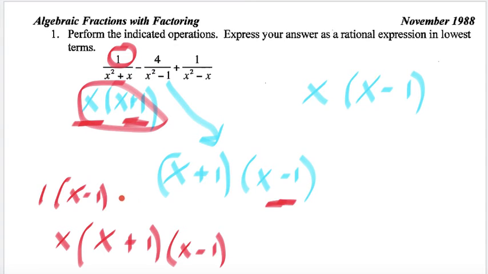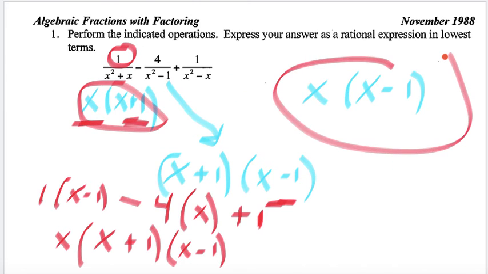Then I have a minus sign. 4 times, now what is this missing? This was x plus 1 times x minus 1. It's missing the x. So I have to multiply the 4 by the x. Then I have the plus sign and a 1. Now what is that missing? That was this thing here, which is missing the x plus 1. So I have to multiply that by the x plus 1.